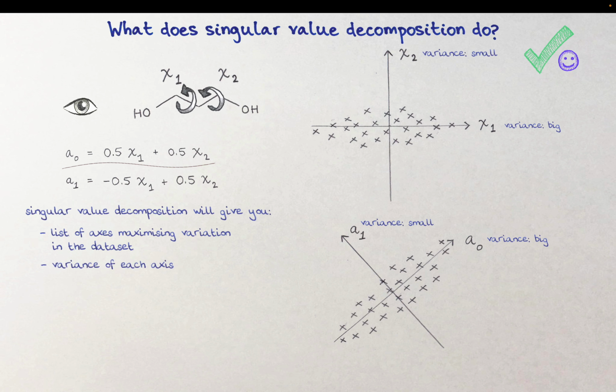We have the variance of each axis, we have the direction in terms of the original values, and we have the fact that each of the axes is perpendicular to each other. So this means that we have one axis for each of the original chi1 and chi2 values, and these are related by 90 degrees.